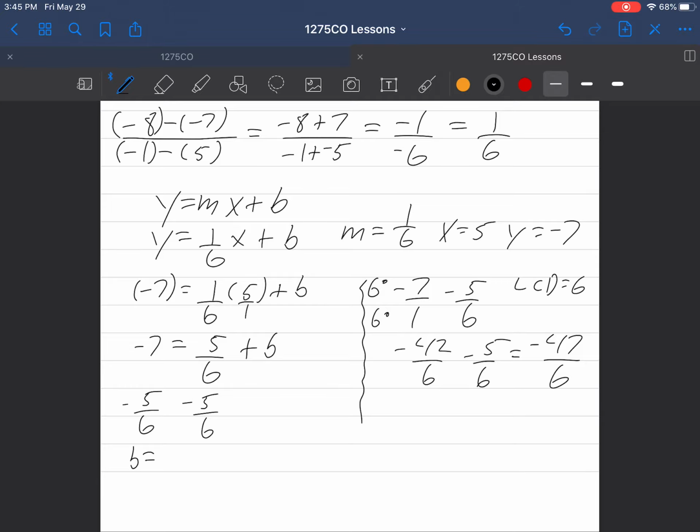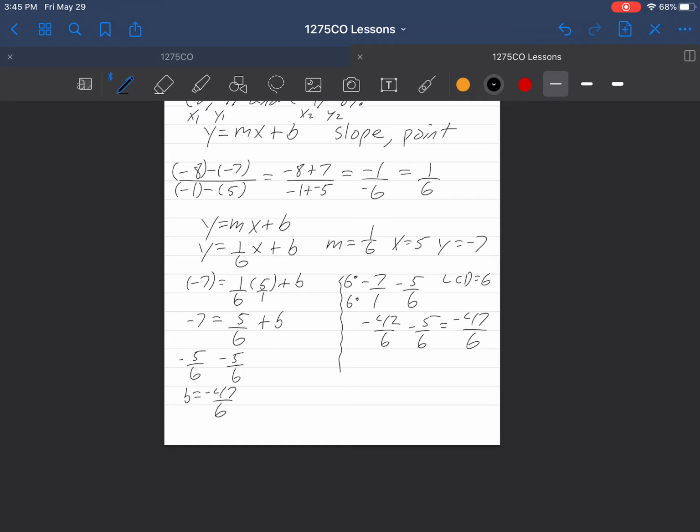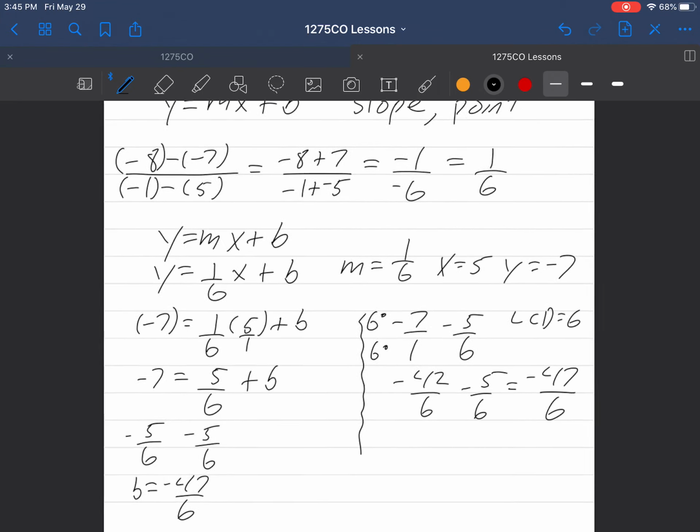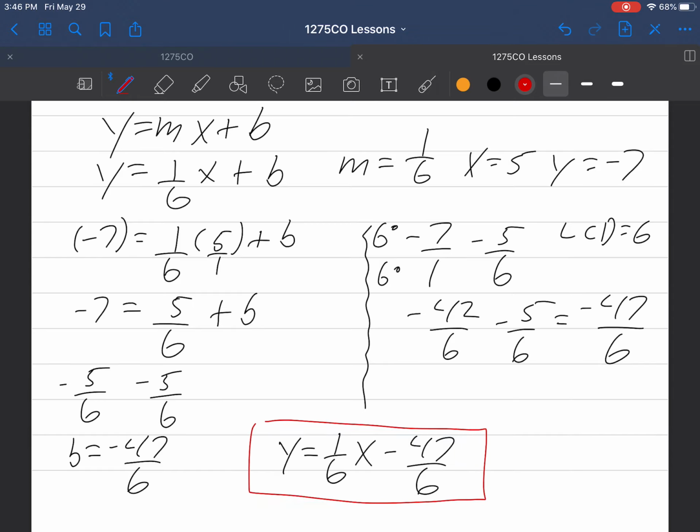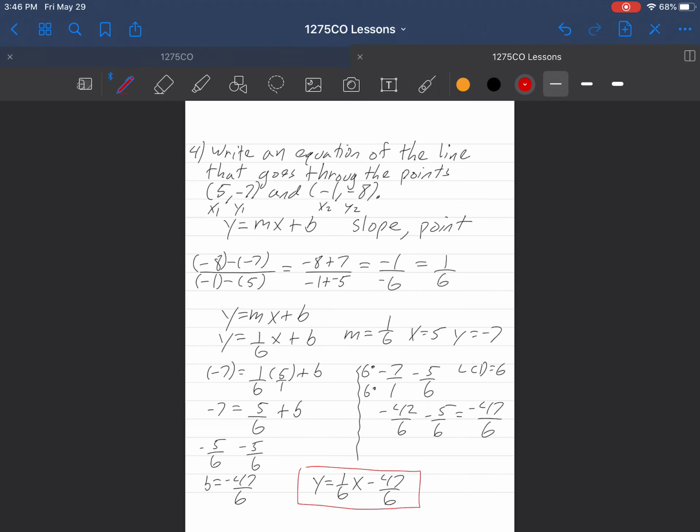So b is equal to -47/6. Now it's important that you answer the question. Write an equation of the line. So the equation of the line is going to say y equals our slope 1 over 6 times x minus 47 over 6. This is the equation of the straight line that intersects the points (5, -7) and (-1, -8).